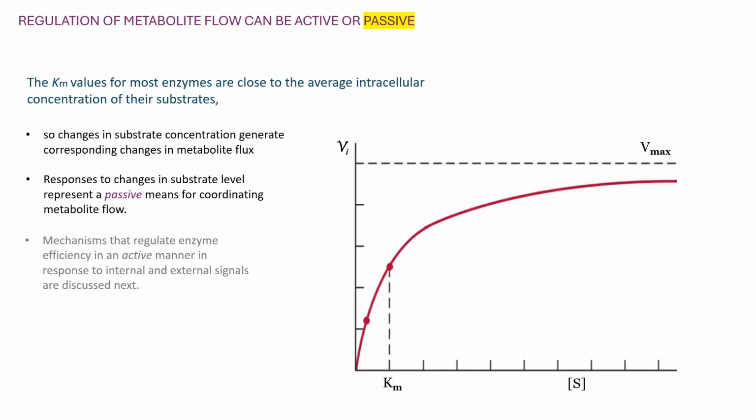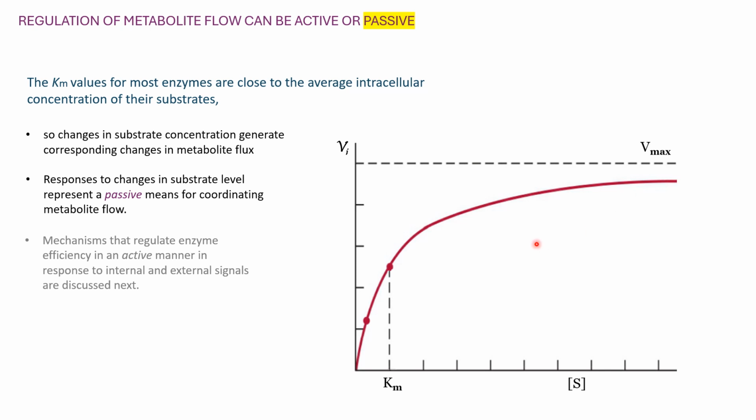Enzyme regulation can be either reactive or passive, and passive simply means that the enzyme activity is able to respond to concentration of substrate. So you've seen before the curve of substrate concentration against initial velocity, and as the substrate concentration increases, so the reaction rate of the enzyme increases.